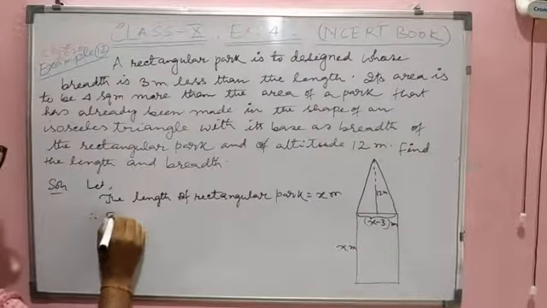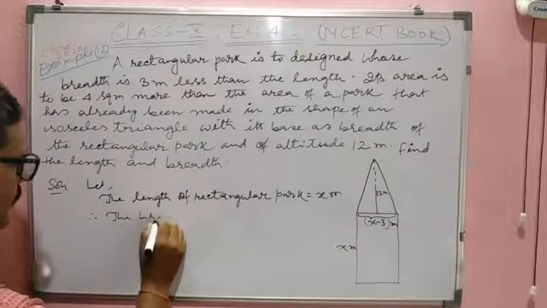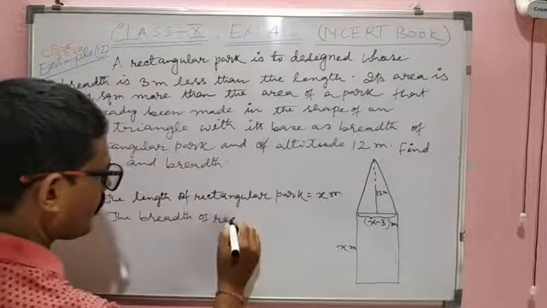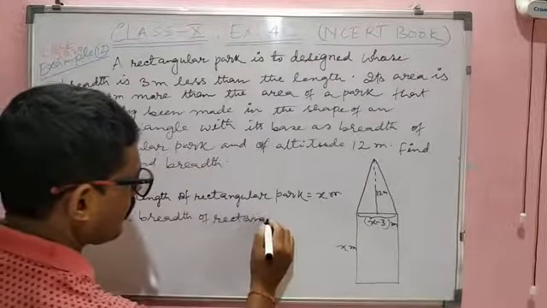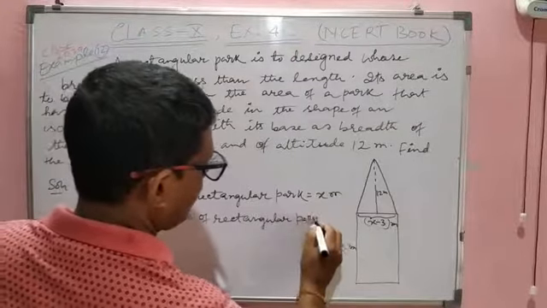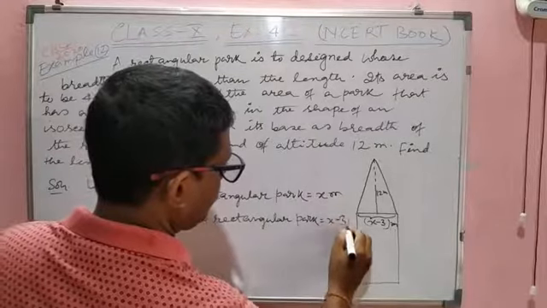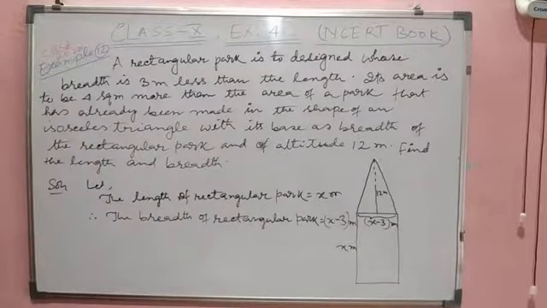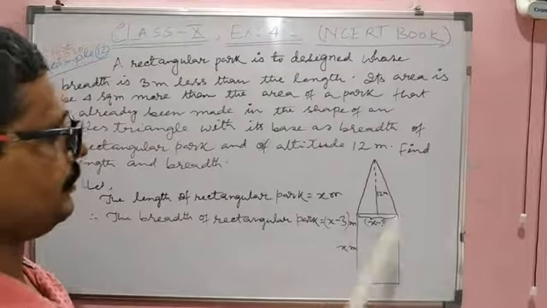Therefore, the breadth of the rectangular park equals x minus 3 meter.